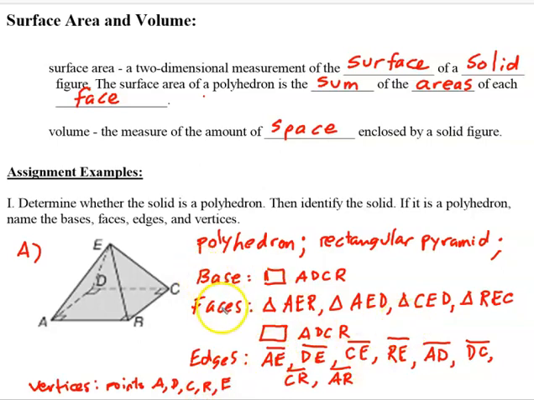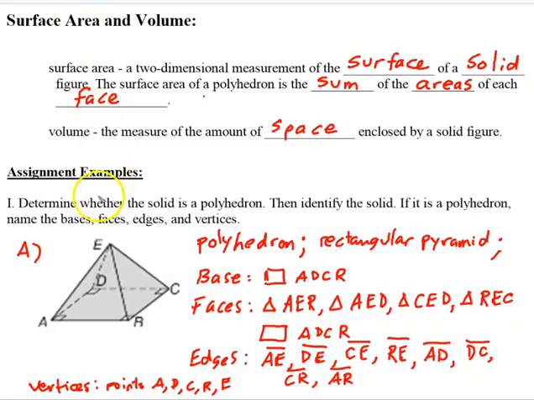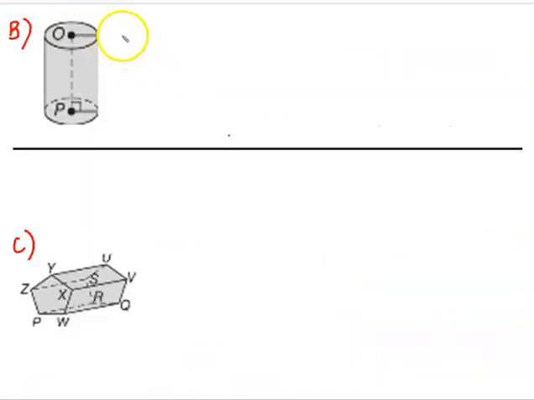All right, and so that's an example of the type of thing you'll be doing in part of your assignment for this homework. Let's take a look at another example. Letter B is the shape, and we'll go back and look at our directions. Determine whether the solid is a polyhedron. This is not a polyhedron.